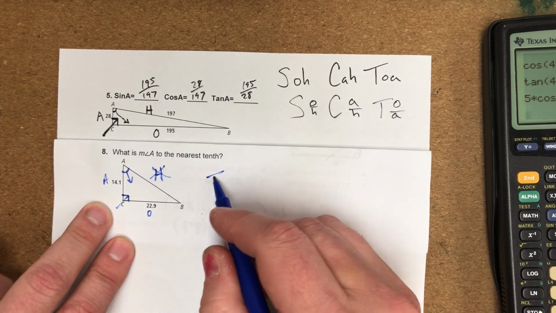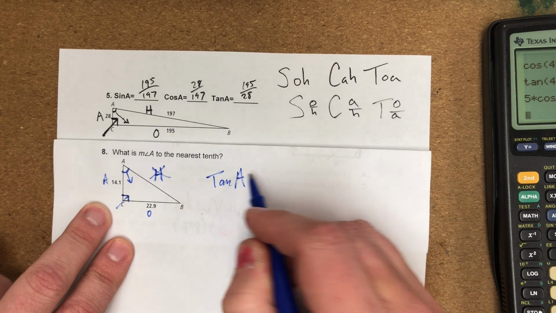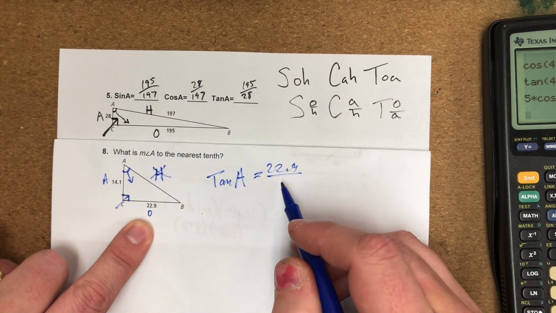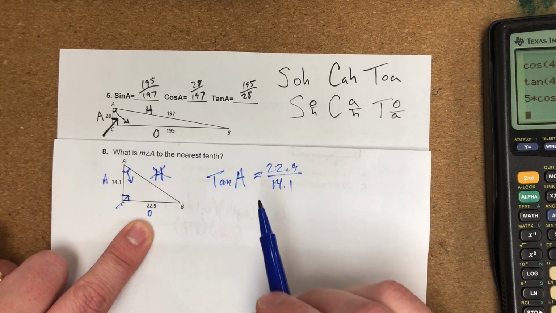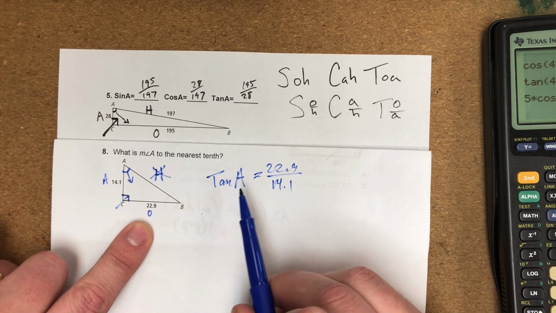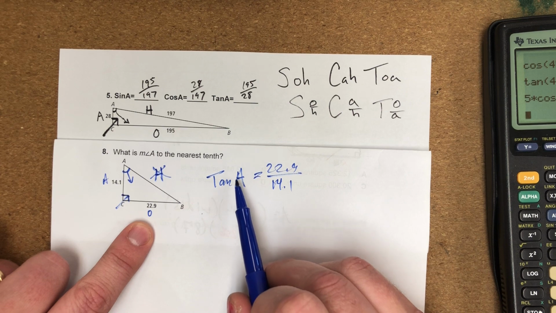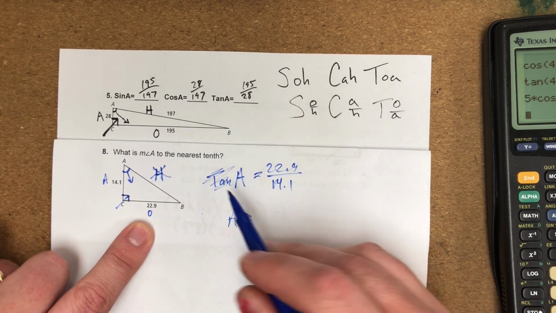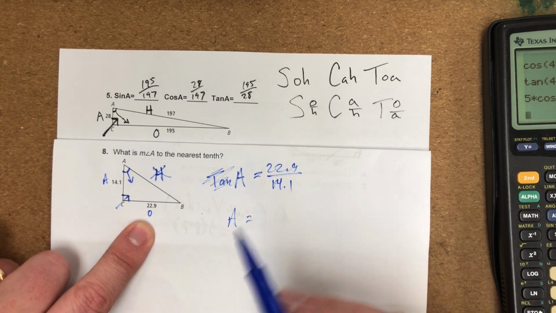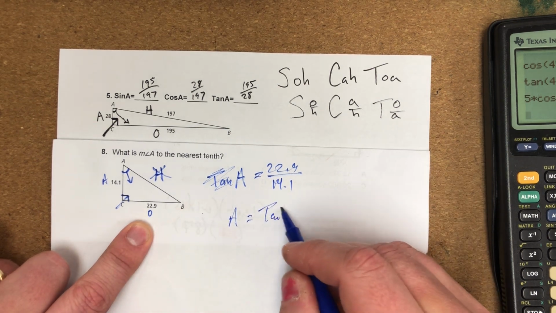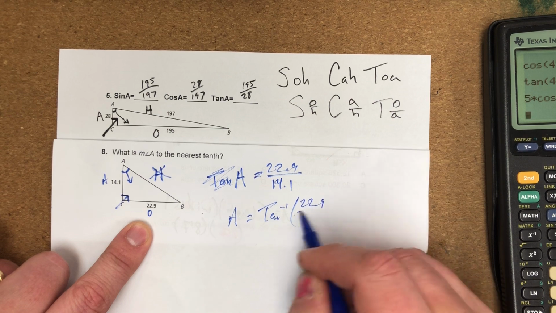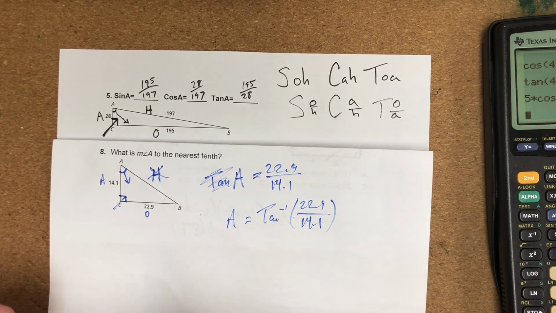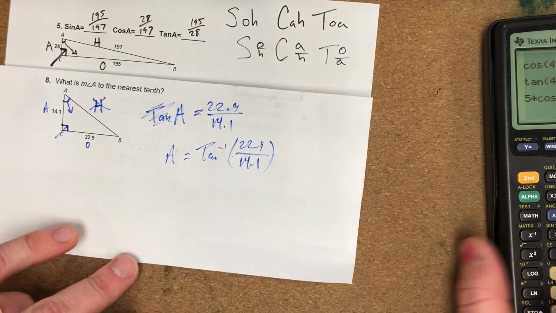Tangent, so I can say tangent of my angle is equal to O over A. And remember, when we're trying to find the angle, I have to get rid of tangent and then A will be by itself. And the way we get rid of tangent is we use inverse tangent. Sloppy handwriting, sorry.